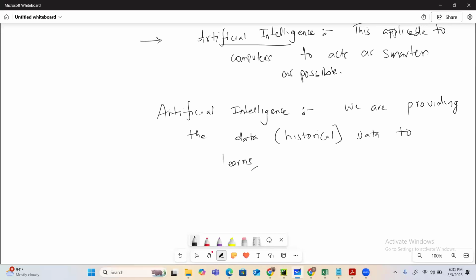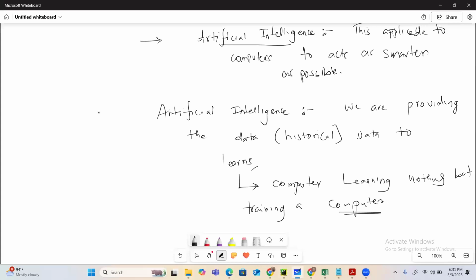In terms of a computer, learning is nothing but training of a computer.